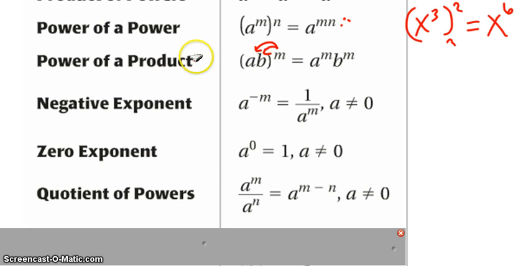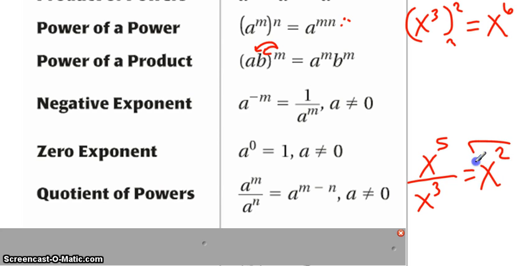For example, let's say you have x to the 5th divided by x cubed. You subtract, and this is important, it's the top minus the bottom. So 5 minus 3 would be x squared.